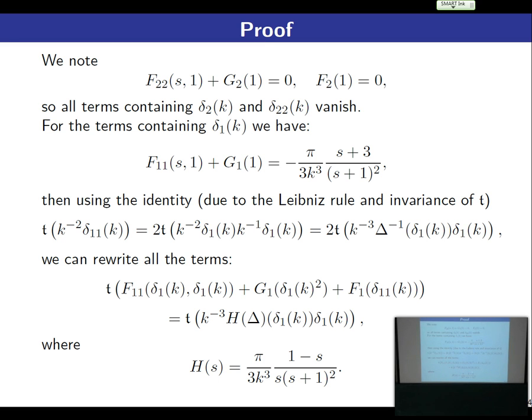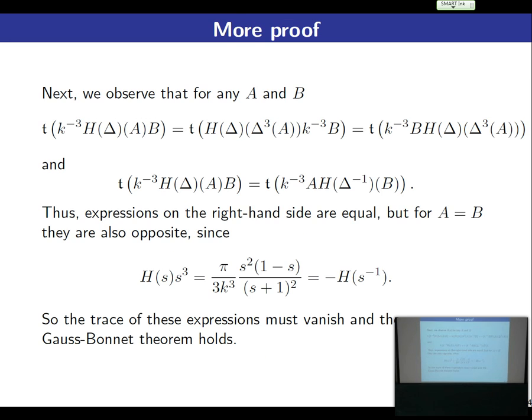We want to show this is 0, where h is a function which combines all these f11, g1, f2 in such a way; the combination of all these three under the trace gives this function. Now there is an observation that for this, again because of the properties of the trace, what we want to compute can be written in such a way.